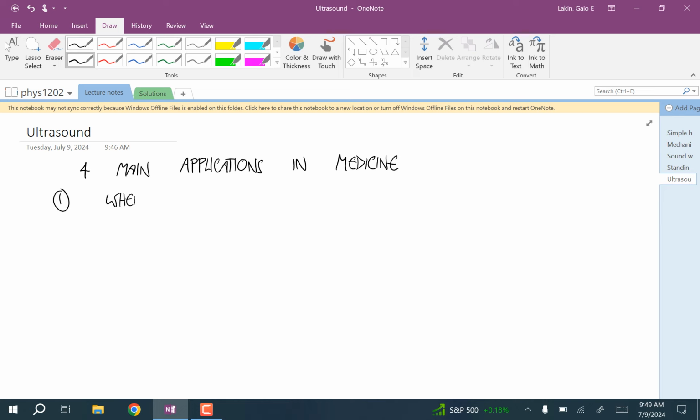Whenever waves hit a change in density, and you might think that the key thing here is hitting a higher density material, but in fact, it's true if they hit a lower density material too. But when waves hit a change in density, part of the wave is reflected back.